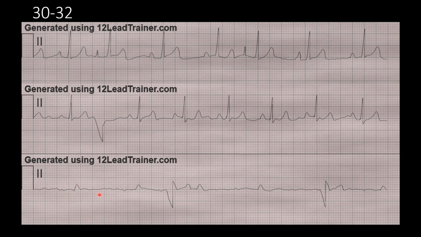Now this one down here, it actually appears to be regular, and I'll explain why in a bit, but I think this is regular. Our rate, if we use the multiplication method, is about 20. So it's very slow.